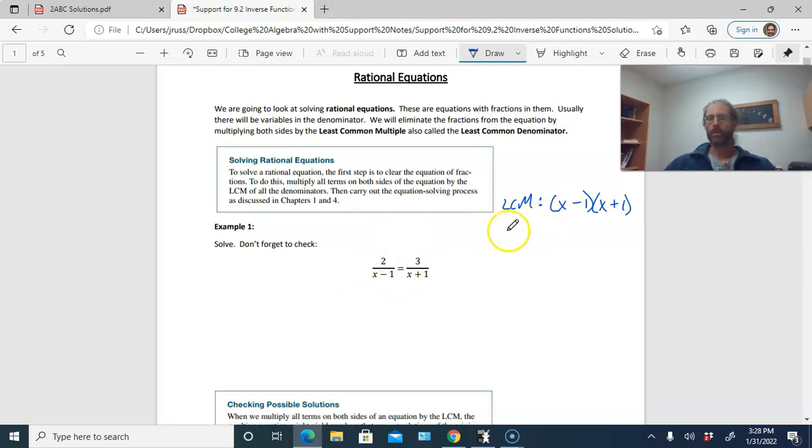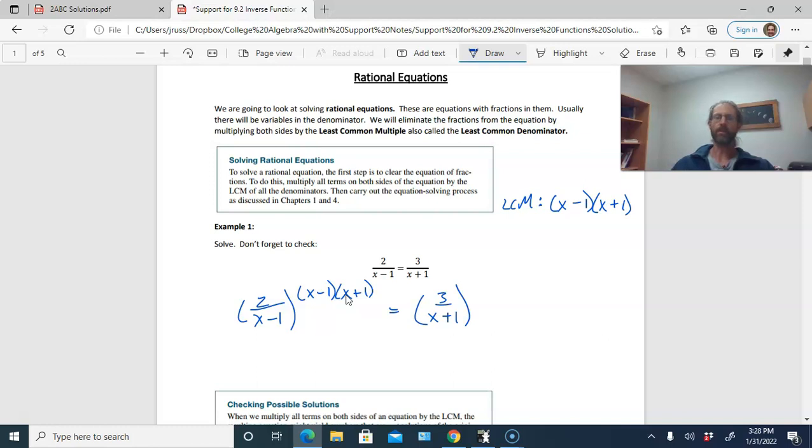And so what we'll do is multiply both sides, both of these fractions, by this least common multiple. This is the way I typically show it. I put that first fraction in parentheses, and then we multiply it by the least common multiple, which is the product of those two binomials. We'll bring down our equal sign, and then we'll do the same thing for that second fraction.